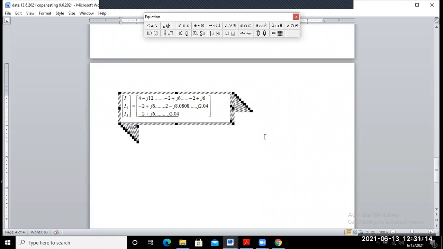Okay, 2.04. And Y33 is your 2 minus j8.08.